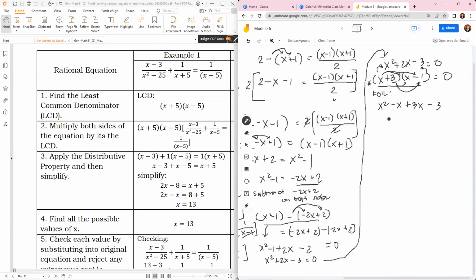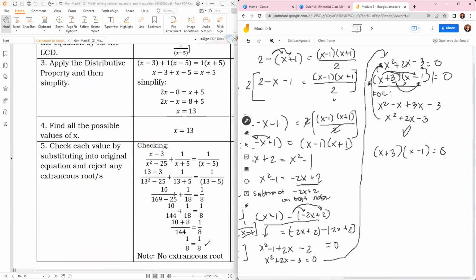If we simplify further, you can see that x squared plus, what is 3x minus x? That would be 2x. And then, we copy the last term, which is -3, which equals our original expression in the first place. So, these are our factors. That would be x plus 3 multiplied by x minus 1 equals 0.